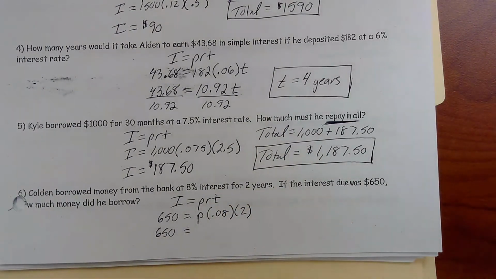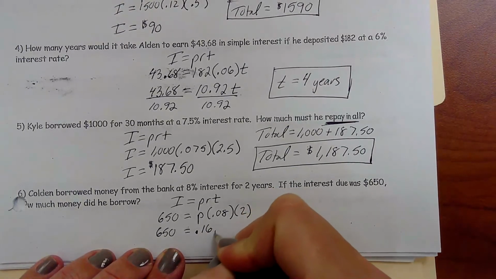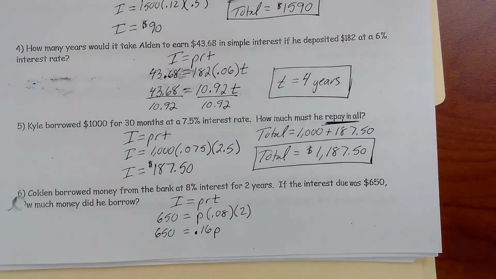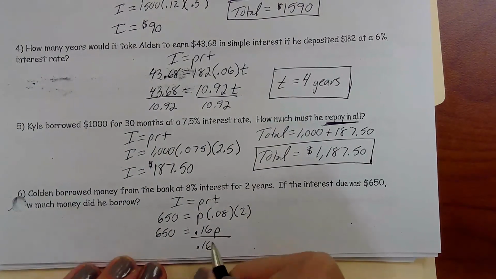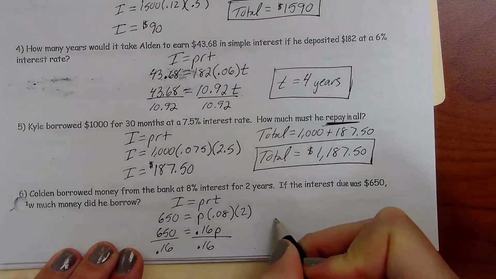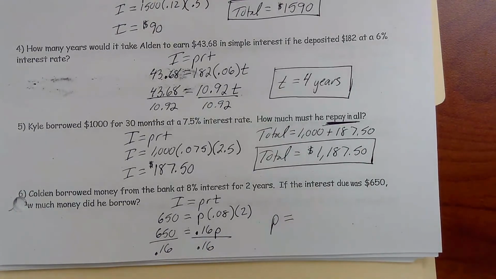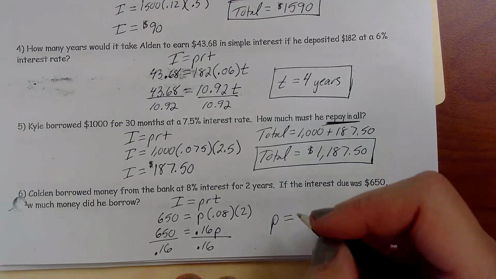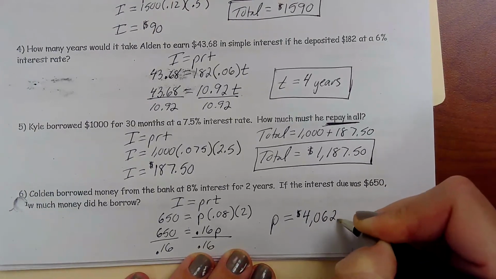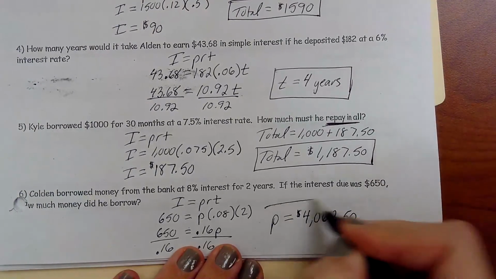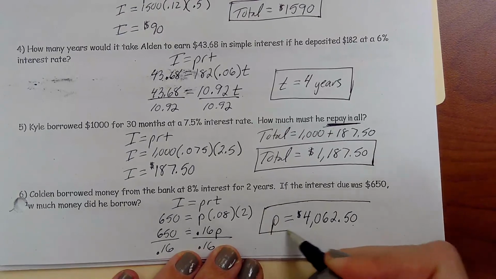I would do 0.08 times 2, get 0.16, and we still have the letter P. Now to get the letter P by itself, divide by the 0.16. Colden must have started with $4,062.50. That was how much he borrowed.